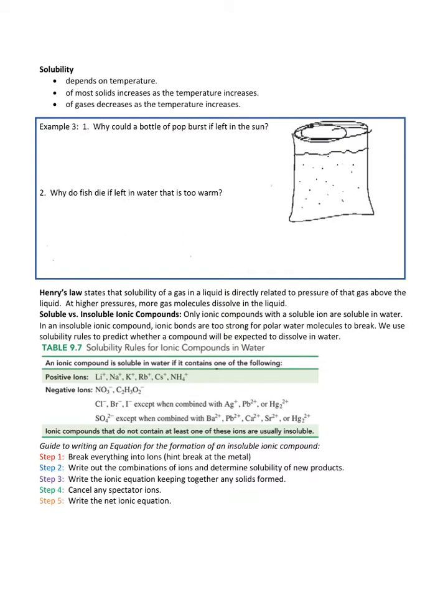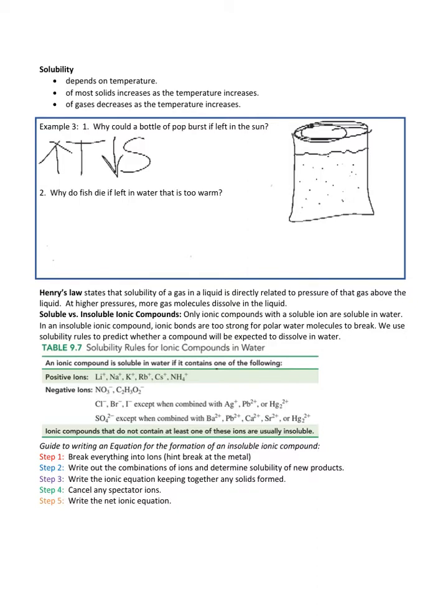Now, as the temperature increases, which we would assume it would do if it was left in the sun, what happens to the solubility of the carbon dioxide? Well, the carbon dioxide is a gas, so its solubility decreases as the temperature increases. Since carbon dioxide is a gas and not a solid, it does not collect at the bottom of the container.